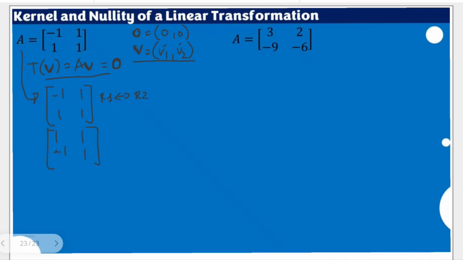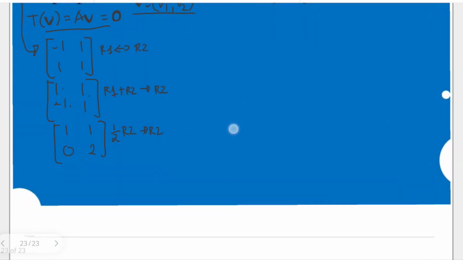The next step is to make this entry 0. To do that, we simply add row 1 and row 2 to have a new row 2. So we have 1, 1, and this would become 0, 2, because 1 plus negative 1 is 0, and 1 plus 1 is 2. Let's multiply row 2 by 1/2 for a new row 2.